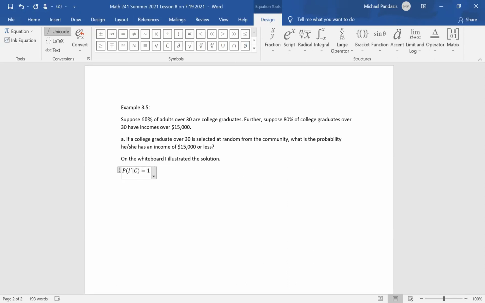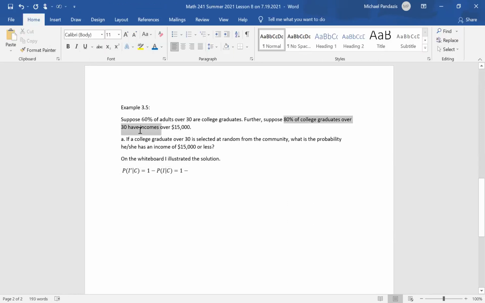That's equal to 1 minus the probability of I given C. So if you use the formulas, you get 1 minus the probability of an income over 15,000 given a college graduate.